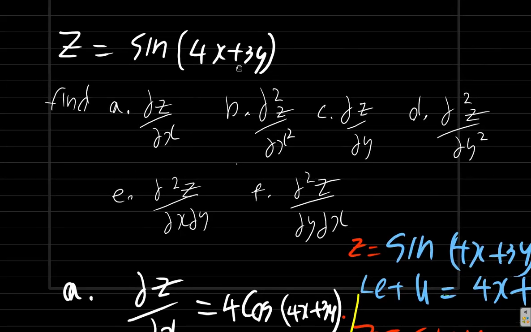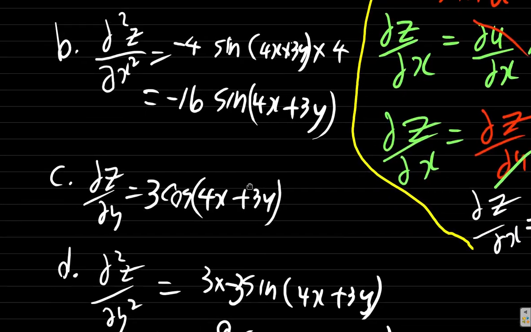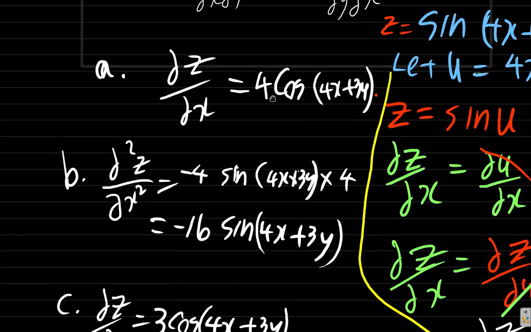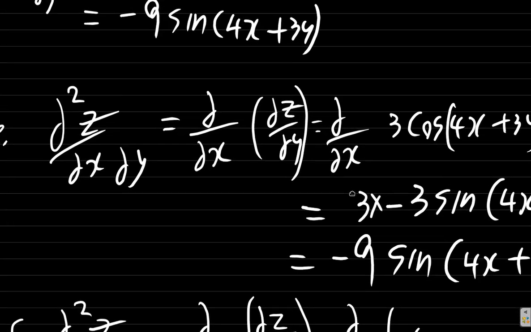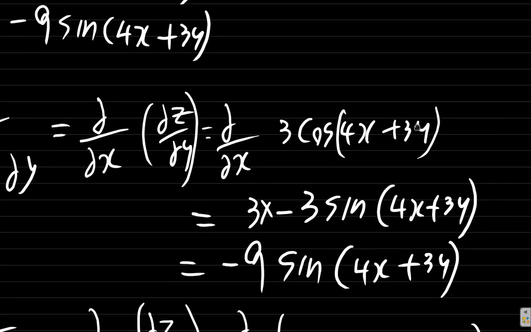It should be 3 cos 4x plus 3y. So del z by del y is 3 cos 4x plus 3y. Okay, no problem. When you differentiate this now with respect to y, 4 cos 4x plus 3y with respect to y.